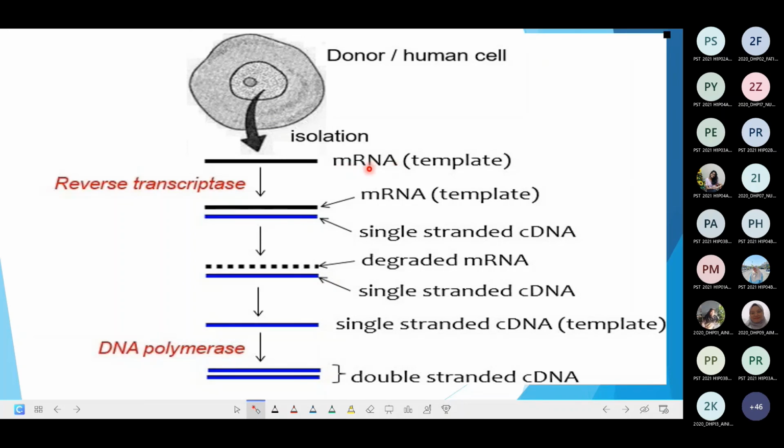And later you will be able to see that we will produce the cDNA, the complementary DNA. So this is what is different between this procedure to produce the insulin and the gene cloning procedure.